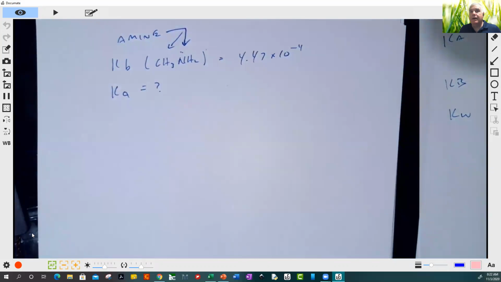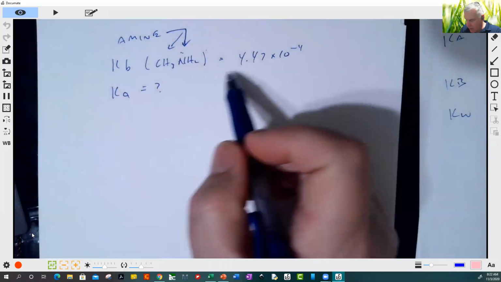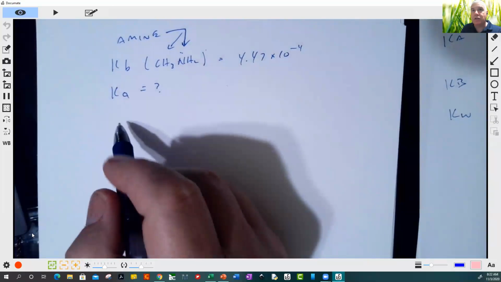That's just something to keep in mind, because in exams it's not that uncommon to say methylamine is mixed with water. What's the pH, right? And you're like, I don't know the reaction. But it's just a base reaction, right? So let's write out this reaction here.